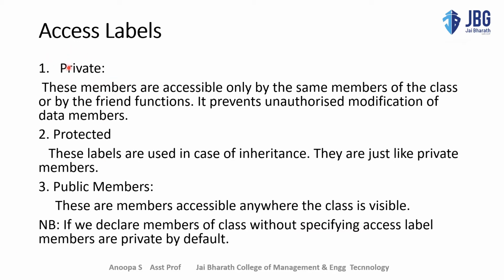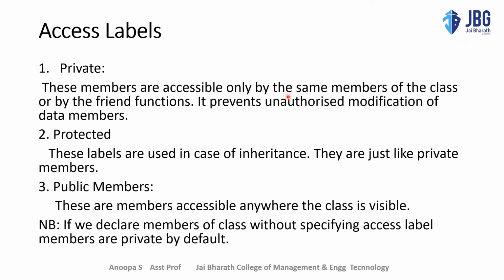But if we declare a member with the private label, these members are accessible only by the members of the same class or by friend functions, and it prevents unauthorized modification of data members. So if the access label is private, only the members within the same class can access it.